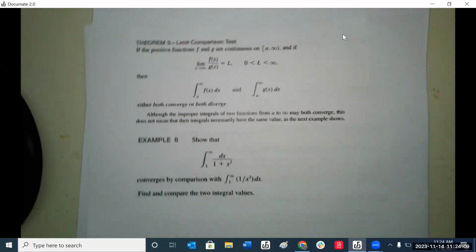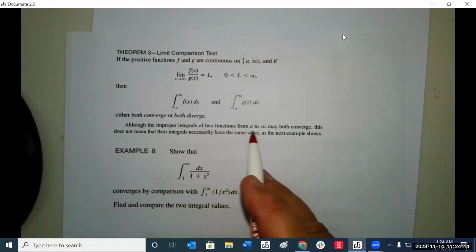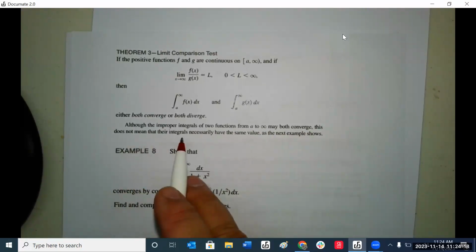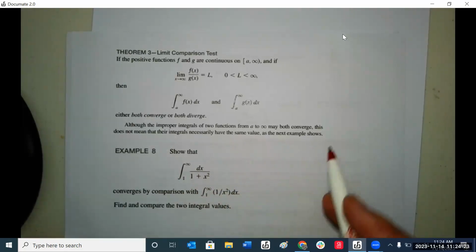Although the integrals of two functions from a to infinity may both converge, this does not mean that the integrals necessarily have the same values. But they're either both going to converge or both going to diverge.